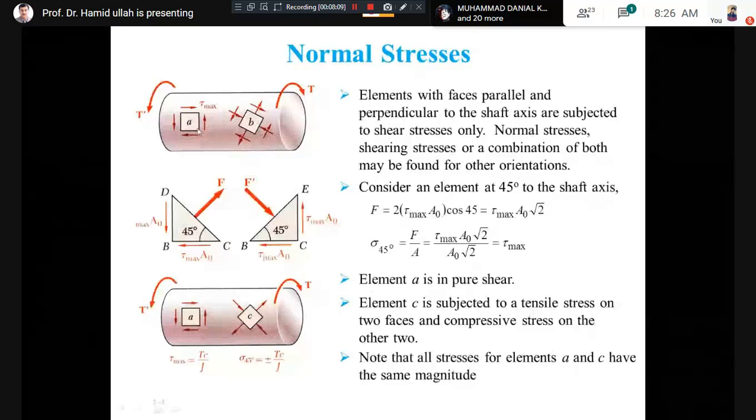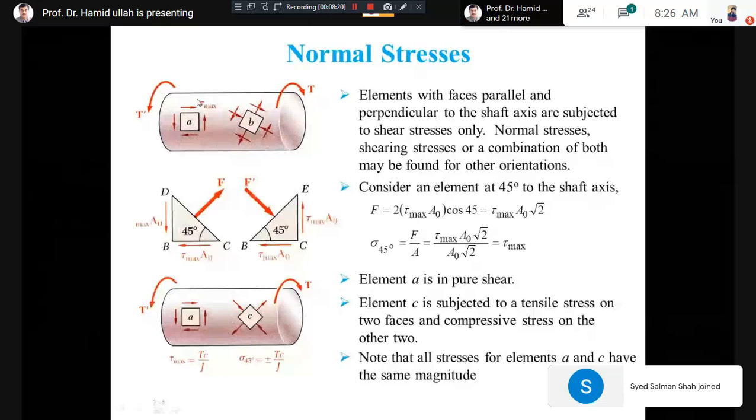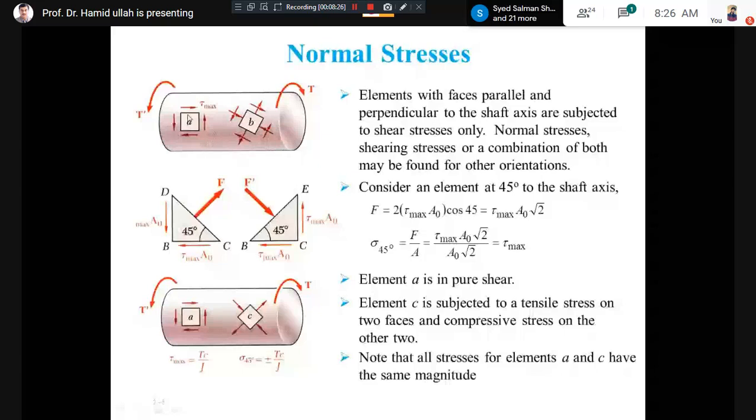So what is happening when you change orientation from A to B? That is already shown by the stresses. If you look at A, on the vertical faces and on the horizontal faces shear stress is acting. There is no normal stress. This case is called pure shear.